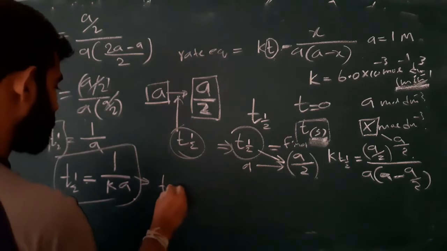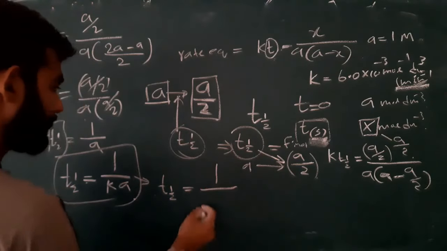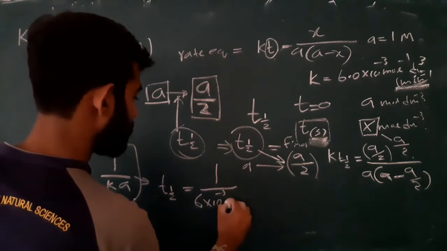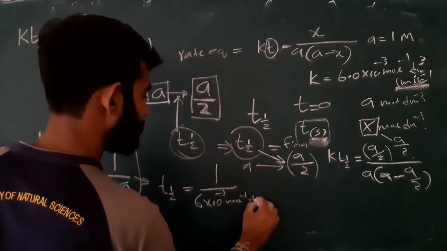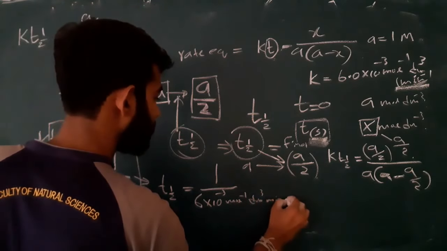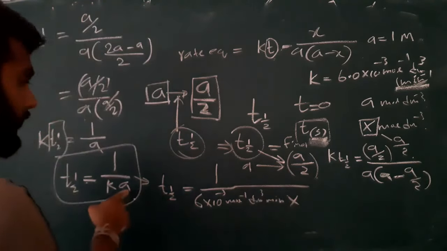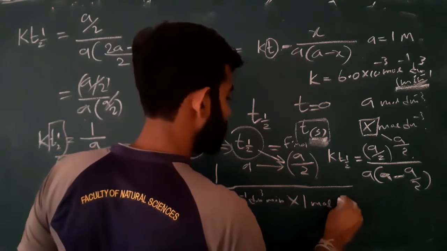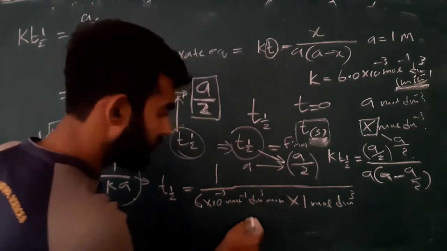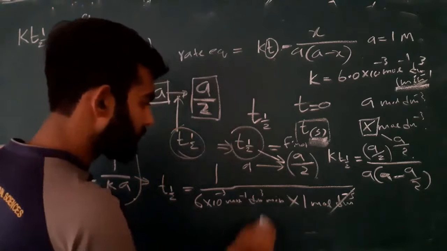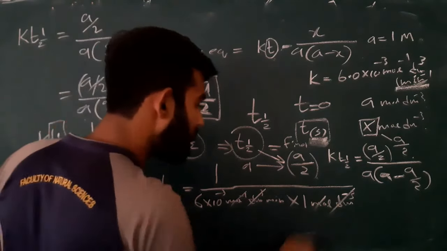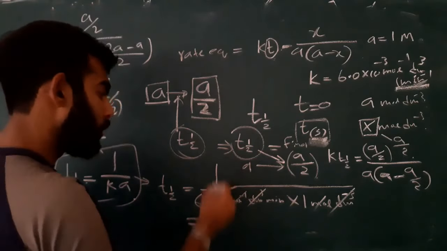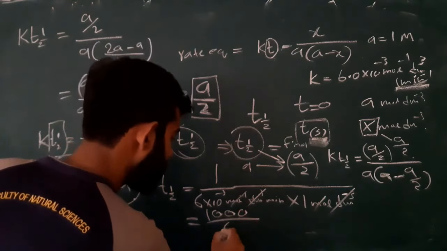t half is equal to 1 over k, which is 6 into 10 to the power minus 3 per mole cubic decimeters per minute, into a, the concentration, that is 1 mole per cubic decimeter. So the units will cancel out here, and the answer will come. 10 to the power minus 3 will go up and divide by 6.